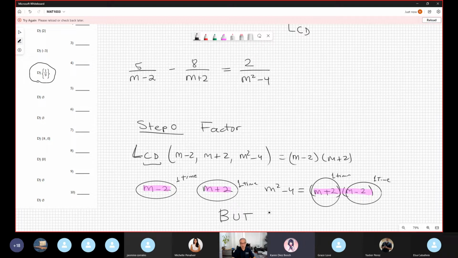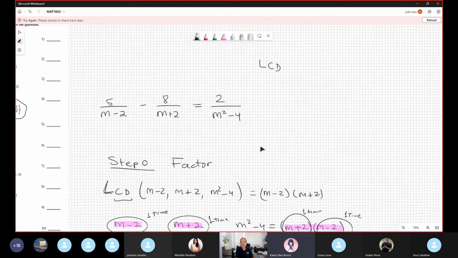One m minus 2, copy and paste in the LCD, and m plus 2, copy and paste in the LCD. Cool. Now I copy in my corner of the paper m plus 2 and m minus 2. This is step 1, because step 0 was factor.